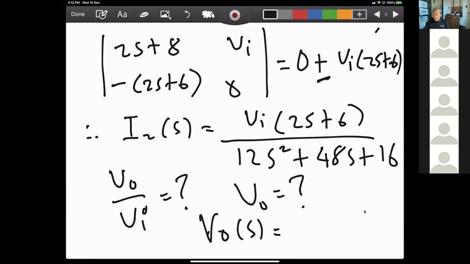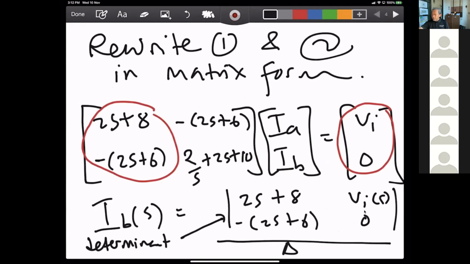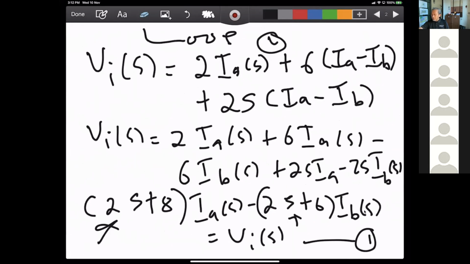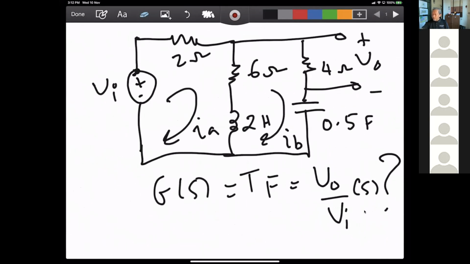V naught is the output at the circuit, at the resistor. 4 for IBS.